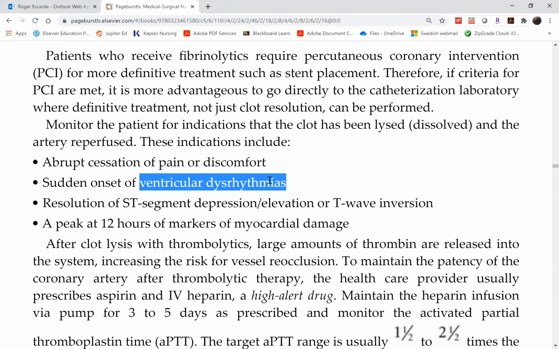So that will cause these dysrhythmias here, because that will now cause them to be irritable. And of course, dead tissue cannot conduct electrical impulses anymore. So that will trigger the occurrence of ventricular dysrhythmias, particularly PVCs.